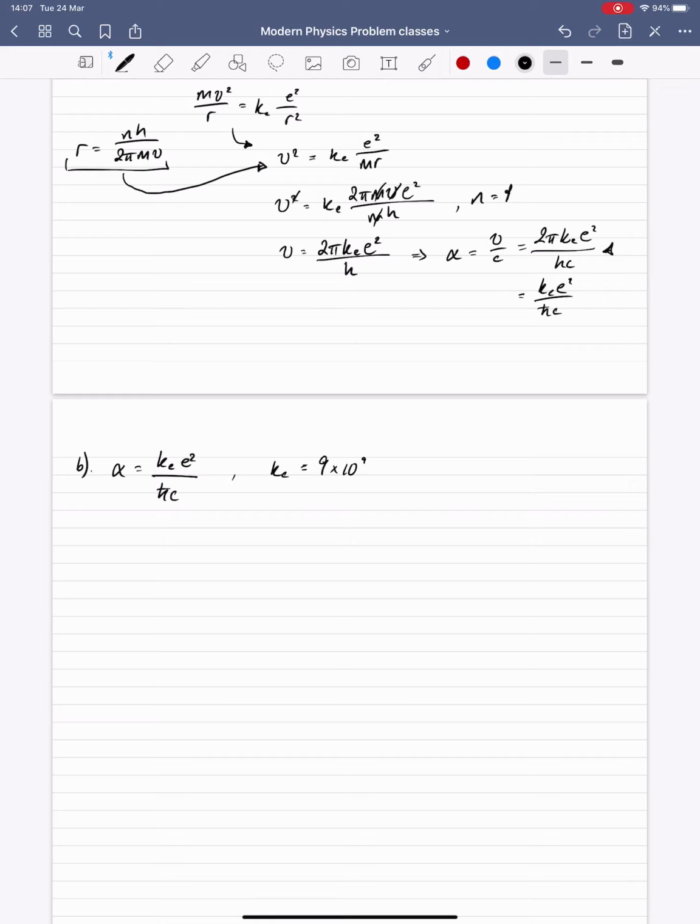The units are joules meters per coulomb squared. e is equal to about 1.6 times 10 to the minus 19 coulombs. h and h bar have the same units just because they're divided by 2 pi, which is unitless, so we don't need to worry about that too much. h is 6.626 times 10 to the minus 34 joules.